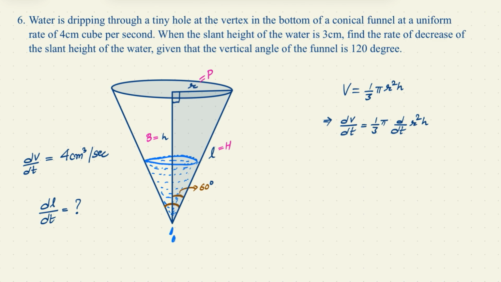Since we have the perpendicular, base and hypotenuse in this triangle, if I try to find the value of sine 60 degree, we know that sine is perpendicular over hypotenuse. So sine 60 degree will be, see, the perpendicular here is r and hypotenuse is L.